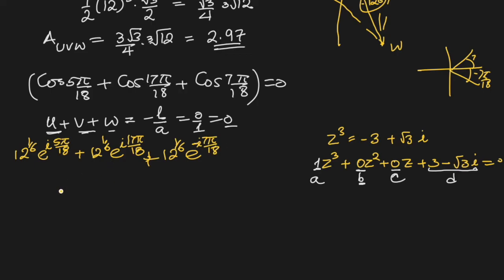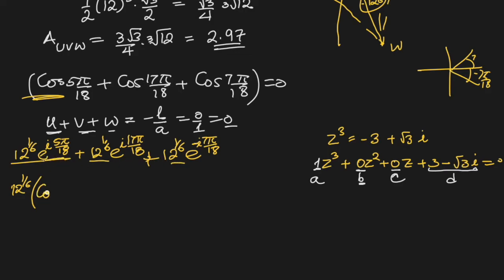But we have to get the answer in terms of cos and sine. This is exponential form, that means we have to convert it to modulus and argument format. So 12 to the 1/6 is common in all of them, so let's keep it out of these 3. Let's convert this one first.